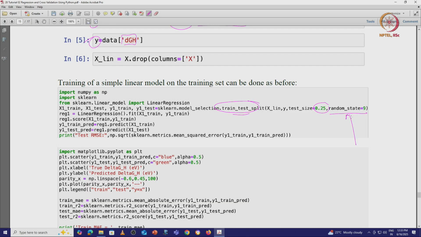Again I told you this random state is very important because that determines how the splitting is happening, and if you change the random state you will get a different test train split. If you did cross validation, or if your data set is huge, usually it should not matter what the random state is, but for very small data sets like the kind we encounter in core engineering disciplines, it could be a problem.